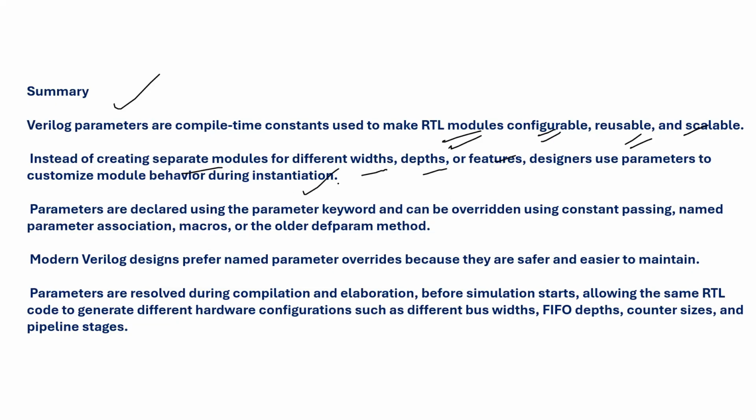By instantiating with parameters, we use the same module. I don't want to change each and every line of code. I just want to change the width and depth of my module, then it will be overridden and applicable for different constant values.